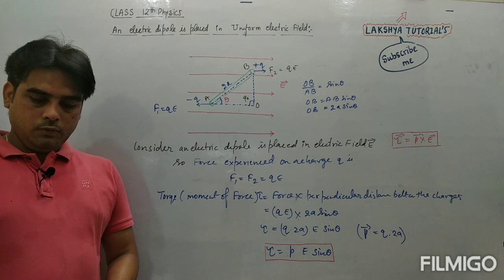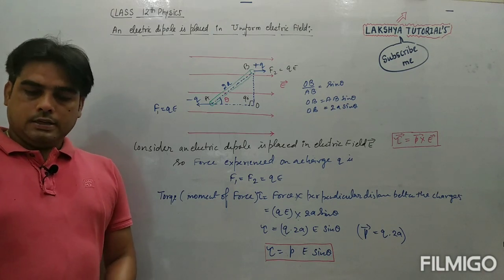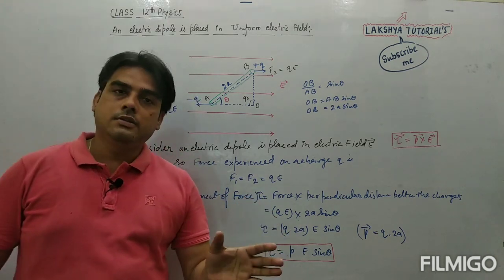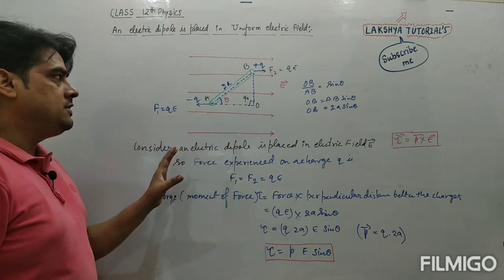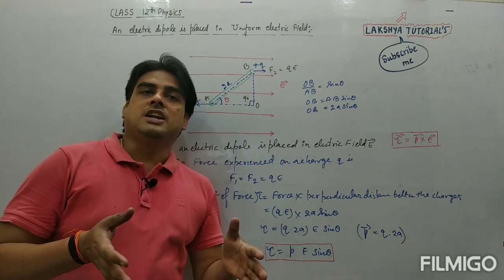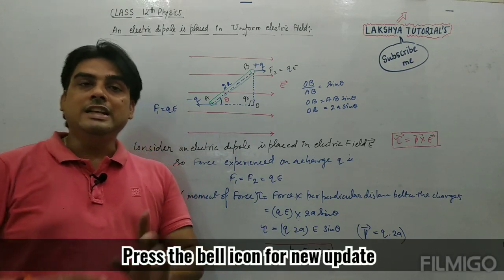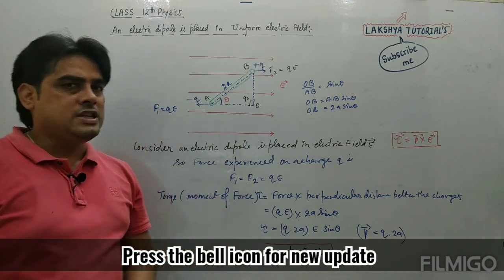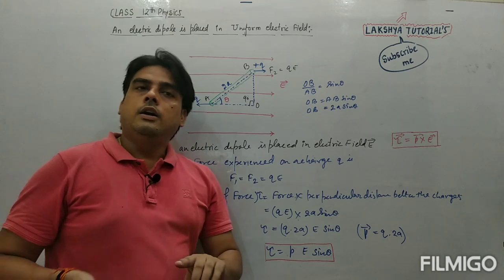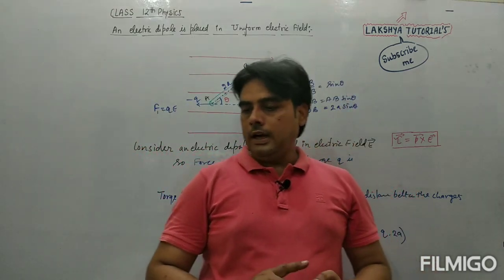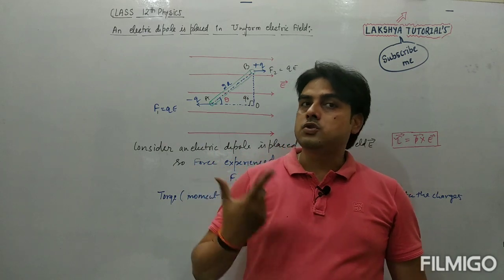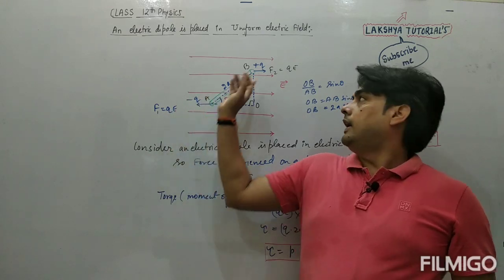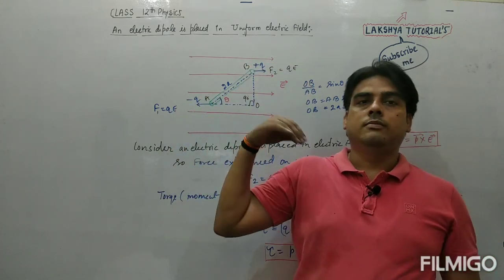So one important conclusion comes out here. When a dipole is placed in an electric field, then the total charge on the dipole is zero, because this is negative charge and this is positive charge. The total force on the dipole is also zero because the force acting on this is minus QE and the force acting on this is plus QE.